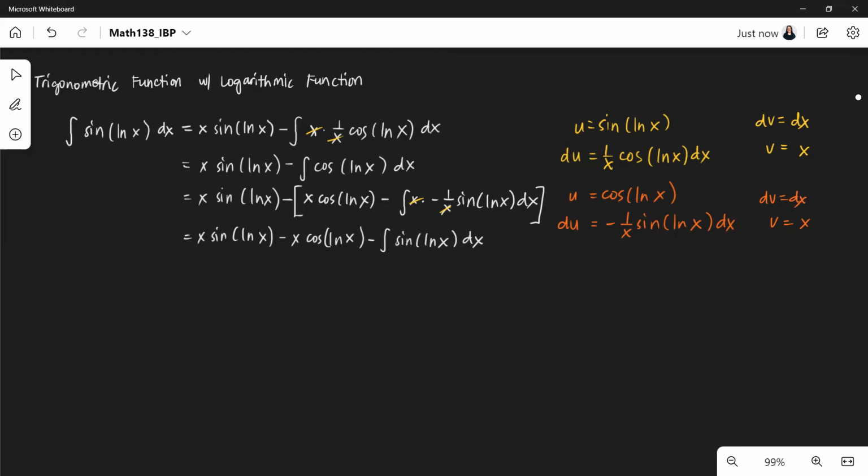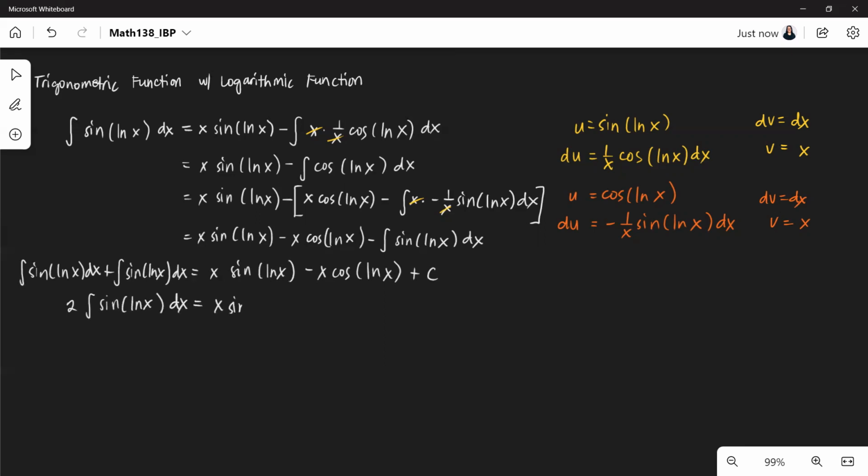The last term is the same as the given integral. Since this is an equation, we can transpose that integral of sine of ln x dx to the left side. So it becomes plus the integral of sine of ln of x dx. For the right side, we can now write the plus c because there's no more integral sign. So we have 2 times the integral of sine of ln of x dx.